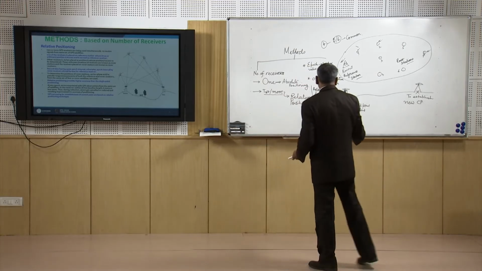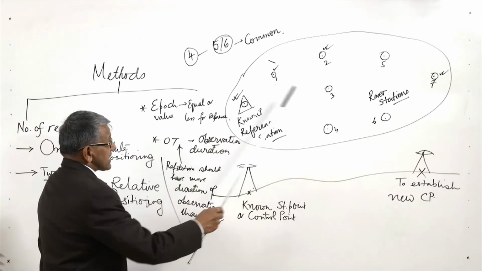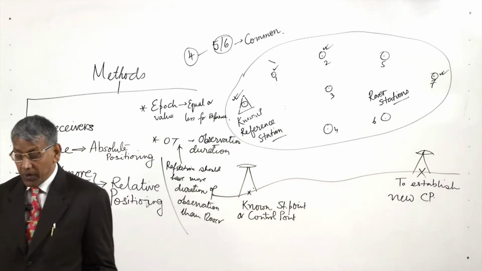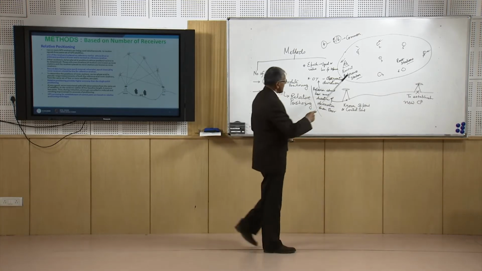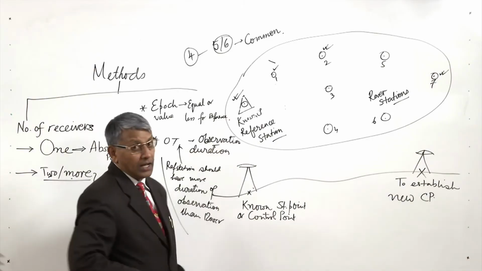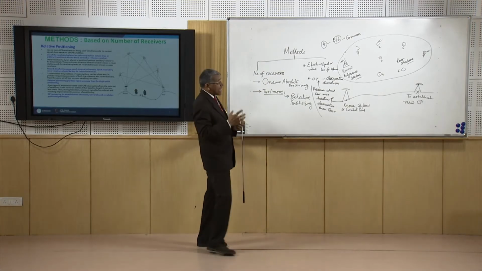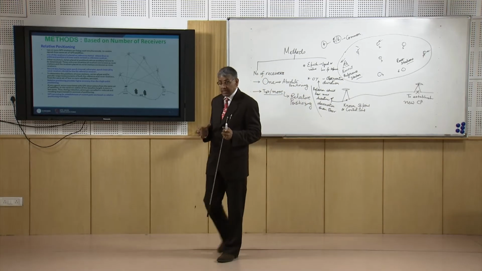Now, generally we assume that the distance between the reference station and the rover station should be within 20 kilometer. The reason is that among the errors in GPS observation, the ionospheric error is the most prominent and most dangerous.